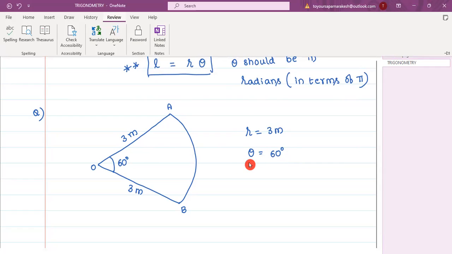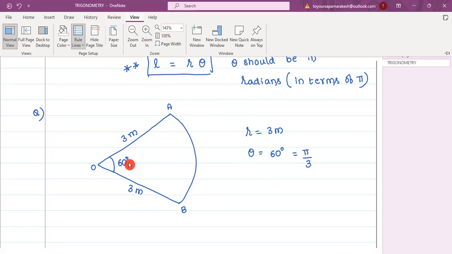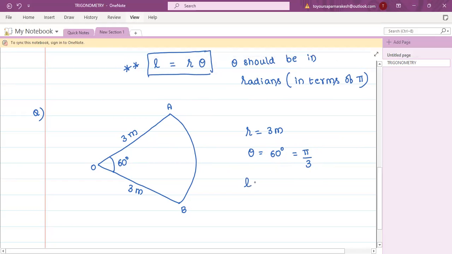So 60 degrees is equal to pi by 3 radians. We have to convert the given 60 degrees into radians. Now we have to find the length of the arc.